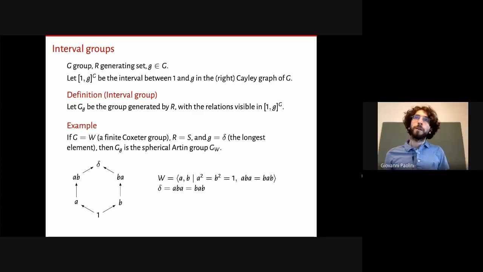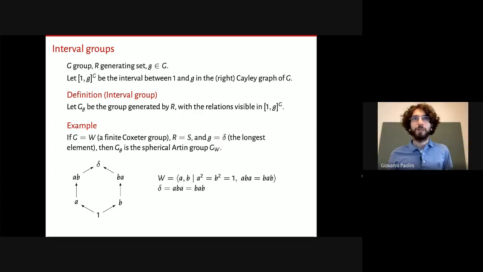In the presentation we only put the relations that you can explicitly see from the interval between the identity and small g. What does it mean for a relation to be visible? It means that if you have two different ways to go from one vertex to another one, then the product of the generators along the first path is going to be equal to the product of the generators in the second path.